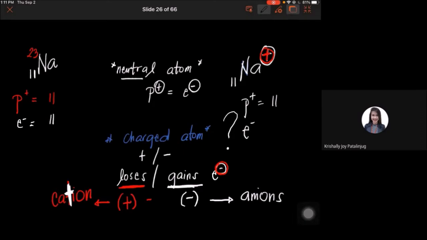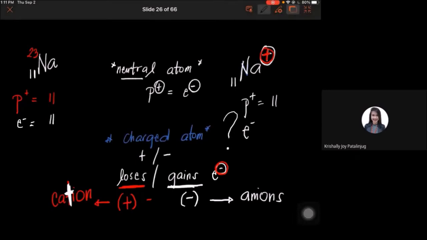As you can see on your list of ions, ang mga anions negatively charged. Ibig sabihin, kapag negatively charged yung ion form nila, during chemical reaction, chemical combination, nag-gain sila ng electron. Yung tanong, bakit po sila nag-gain? Bakit sila nag-lose ng electron?